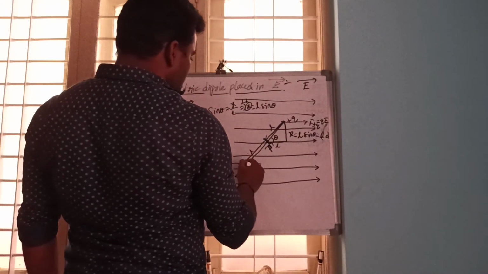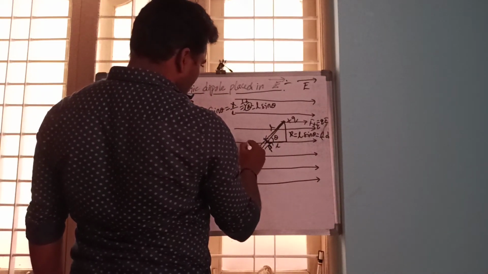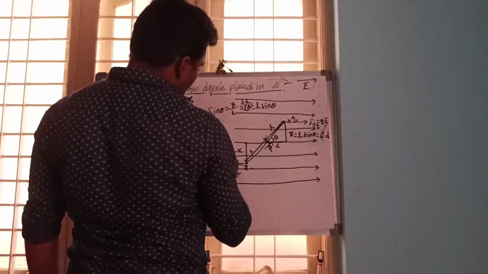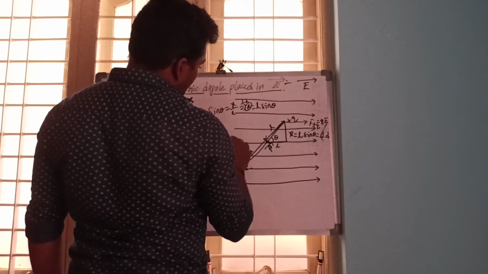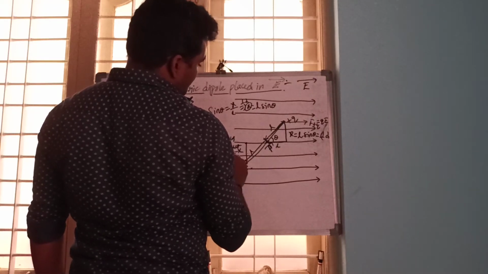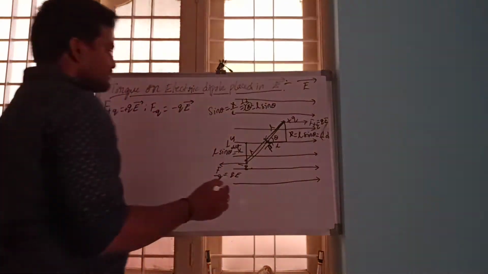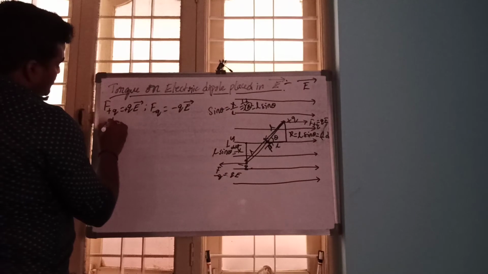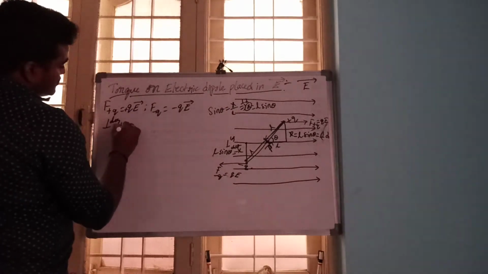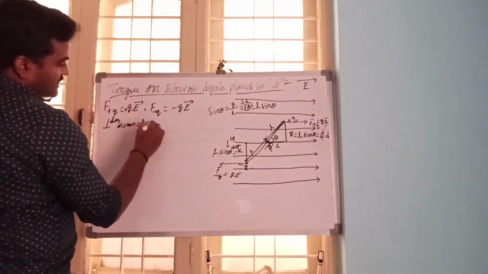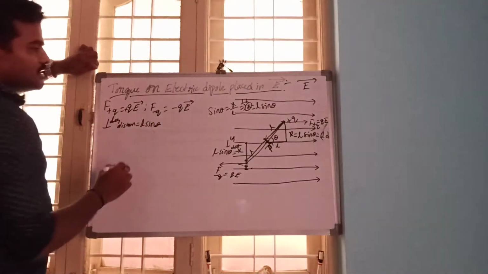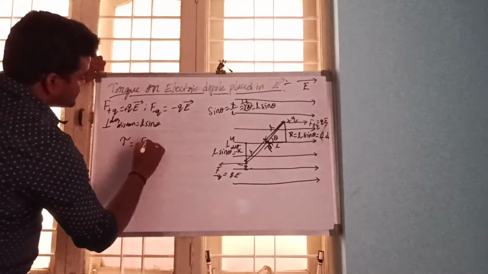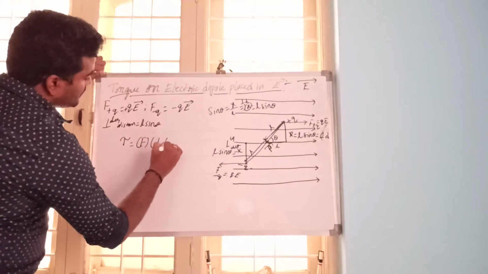Here also this will move from here to here. So this is also X, which equals L sin theta, which is nothing but the perpendicular distance. So here we have the force and the perpendicular distance equal to L sin theta. So finally the torque acting on the dipole will be force into perpendicular distance.